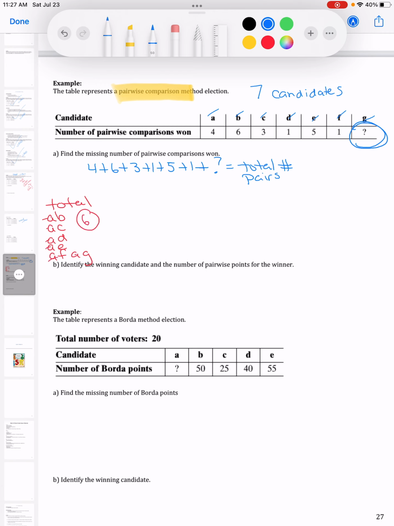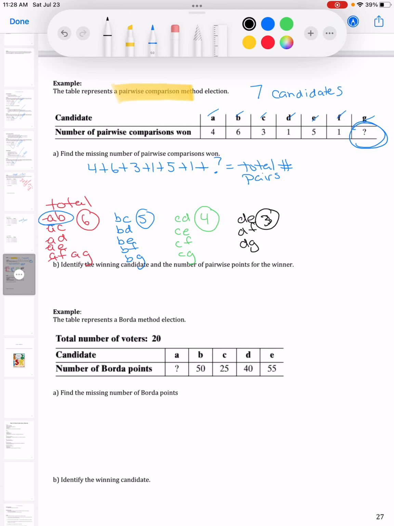Then B is going to get paired with everybody below it. B doesn't need to get paired with A because it already has been paired with A. So that's 5. Then C is going to get paired with everybody less than it. So that's 4. And then D, that's 3. So you see that pattern where it's decreasing by 1 each time.